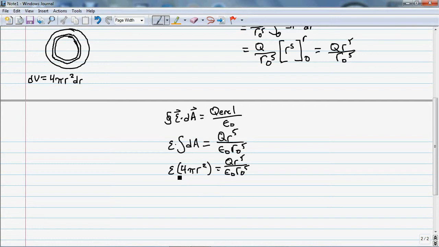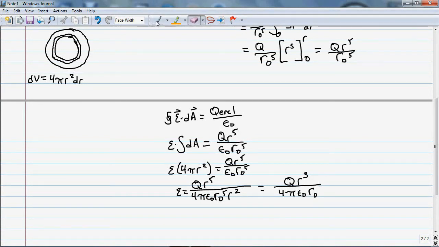And now I can simplify. The r squared is going to take out the r squared from the top, and this will simplify to Q r cubed over 4 pi epsilon naught r naught to the fifth.